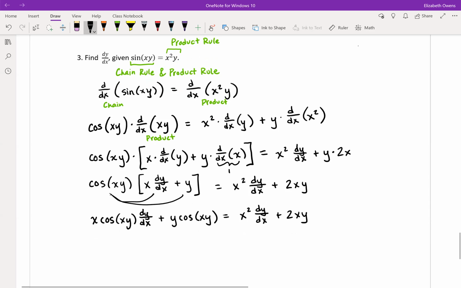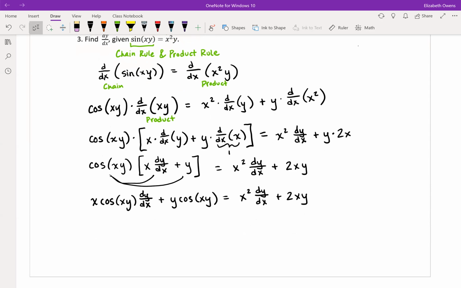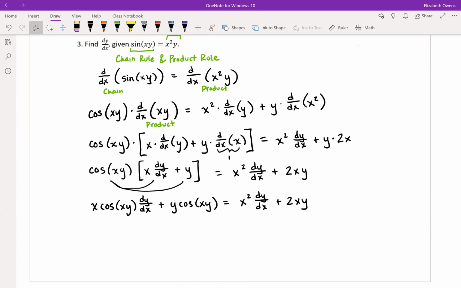Now the next thing you want to do is get all your terms with dy/dx to one side of the equation. So I'm going to subtract this term over to the left-hand side, and move everything else that doesn't have a dy/dx to the other side.